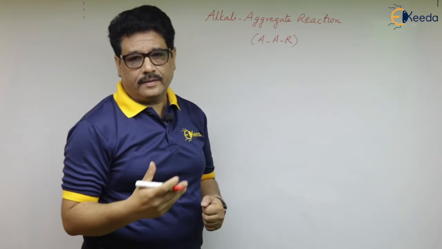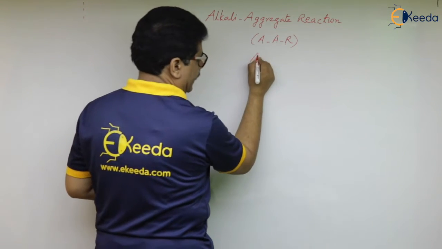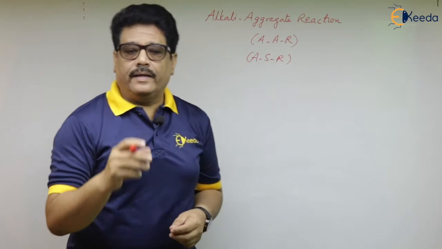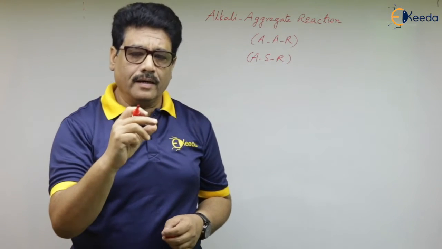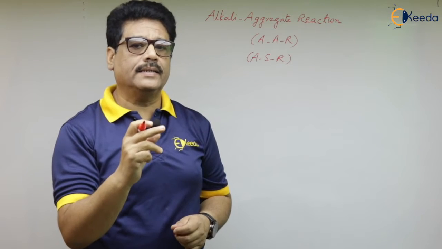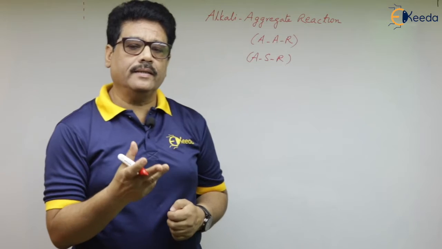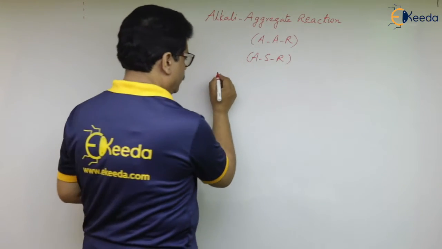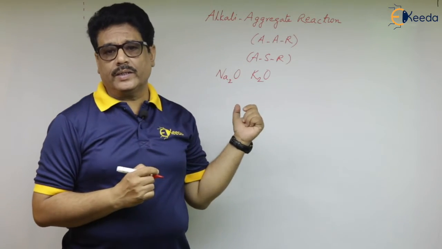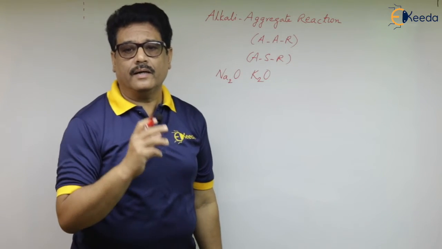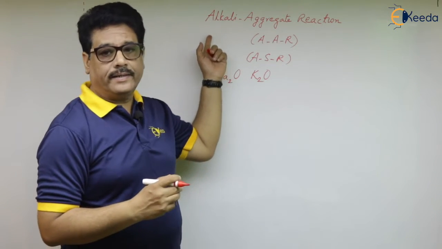One more name given to it is ASR, the reason being that only the silica content of aggregate has reactivity with alkali. Alkali is present in the cement: Na2O, sodium oxide, and potassium oxide, these are the two alkali contents from cement, and these will always have reactivity.